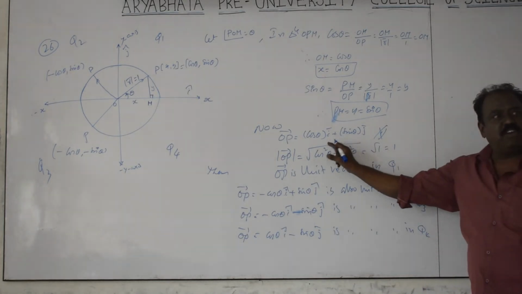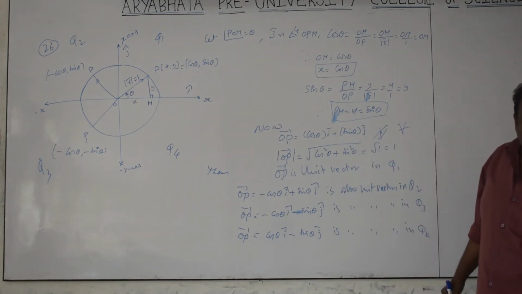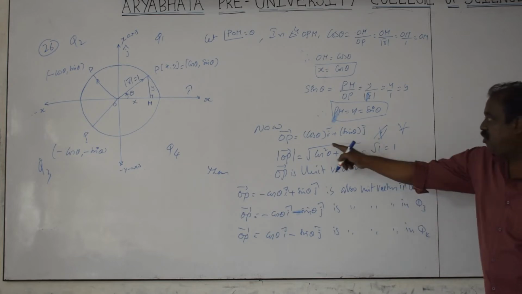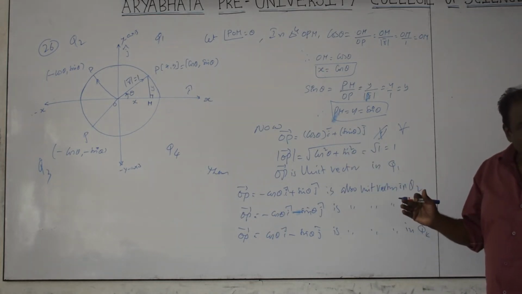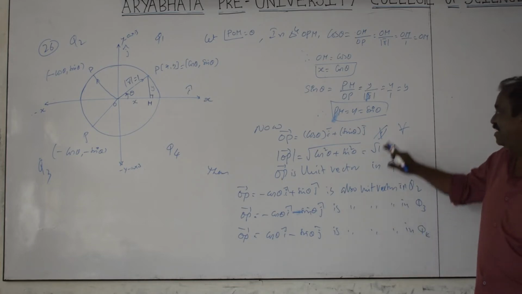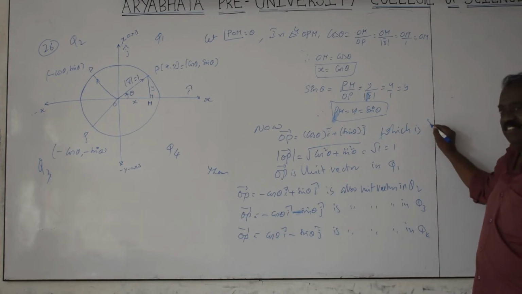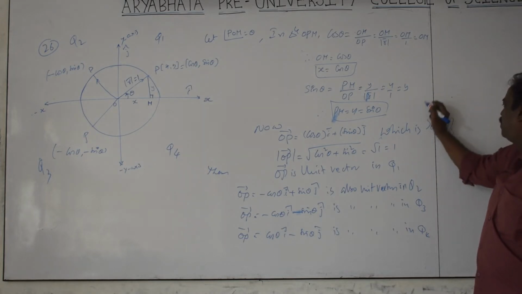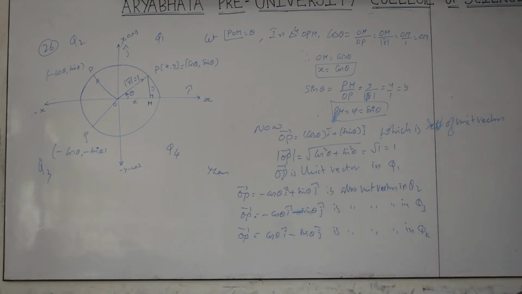Here you start. Is there only one unit vector, or a set of unit vectors? It is a set of unit vectors. How can you say that?